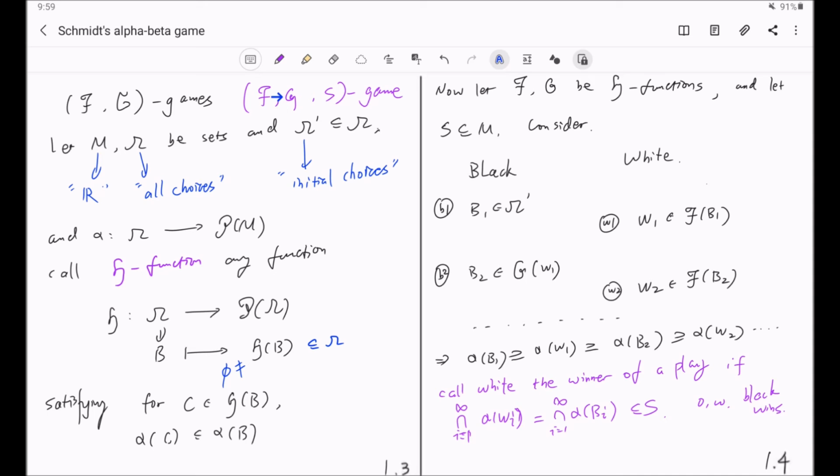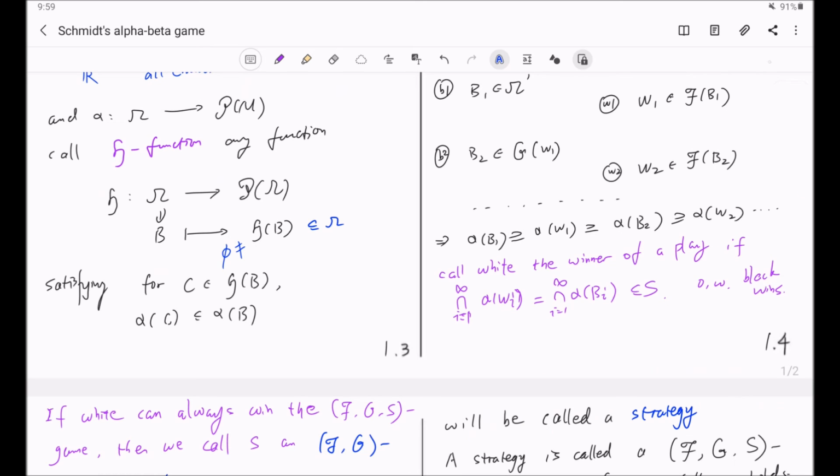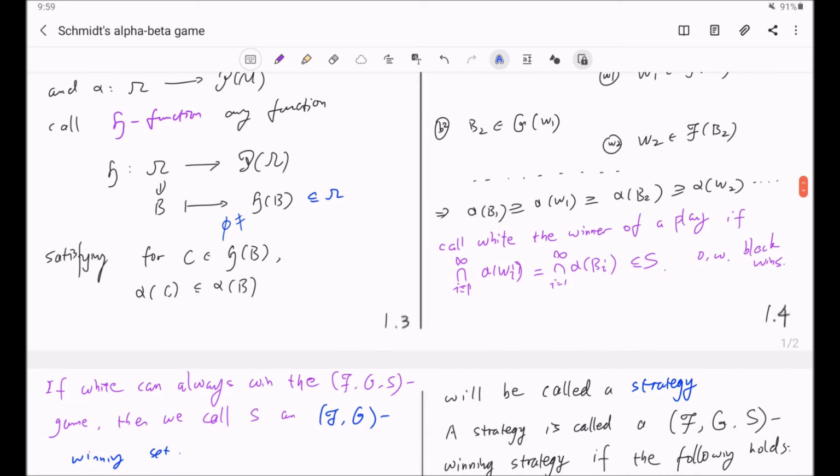We call this game the FGS game. And if white can always win this FGS game, then we call S an FG winning set.